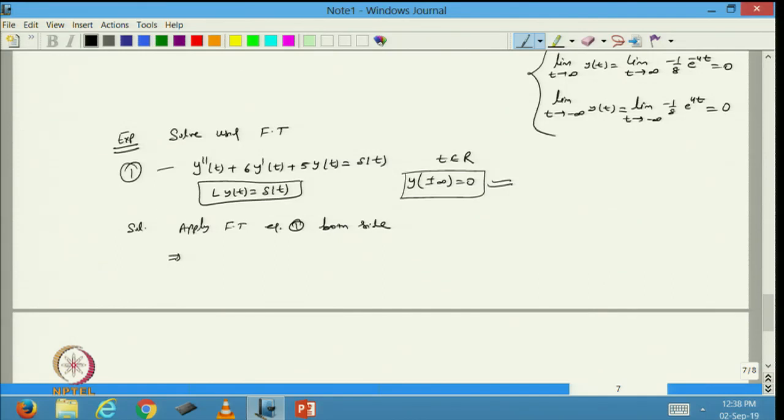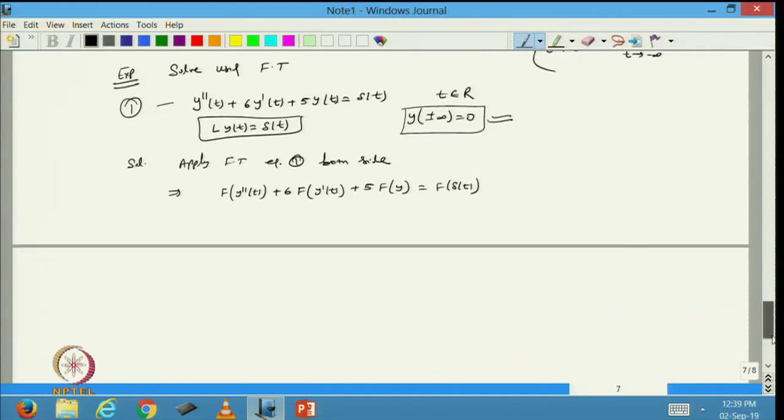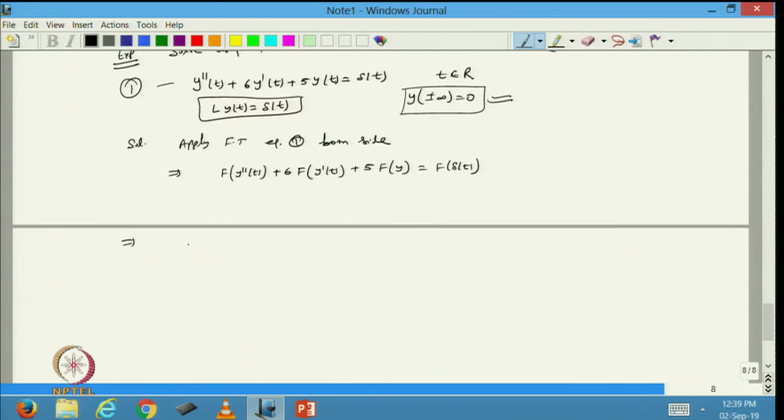In that case I will get F of y double dash t plus 6 times F of y dash t plus 5 times F of y is equal to F of delta. Here I am considering that F of y(t) is Y(omega).